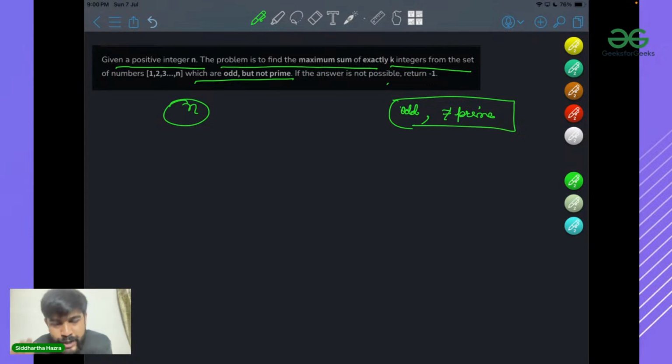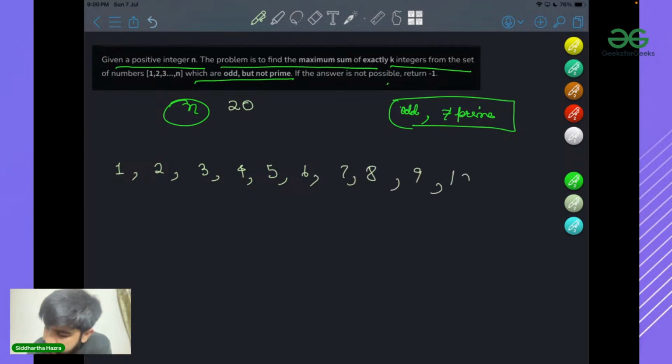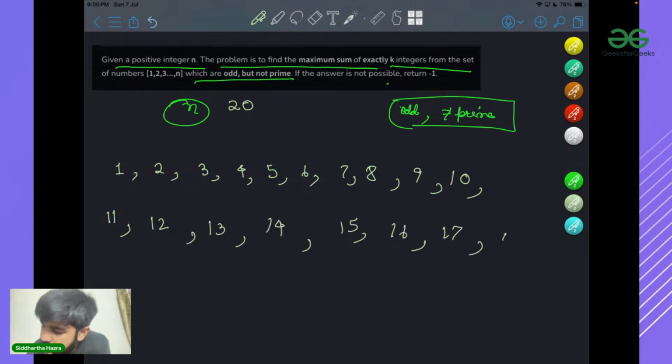Now see this. Let's say the value of n is equal to 20. So we have here 1, 2, 3, 4, 5, 6, 7, 8, 9, 10, 11, 12, 13, 14, 15, 16, 17, 18, 19, 20.